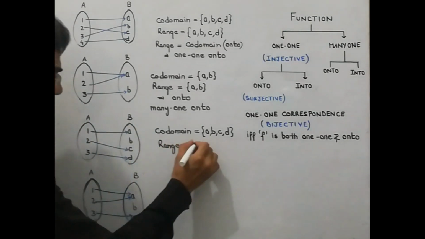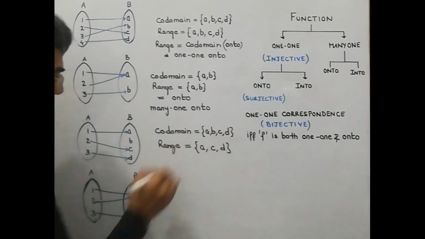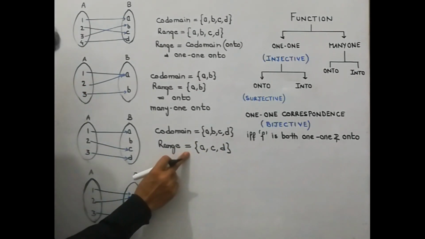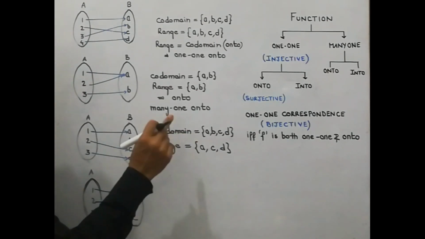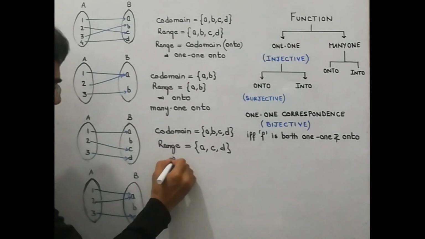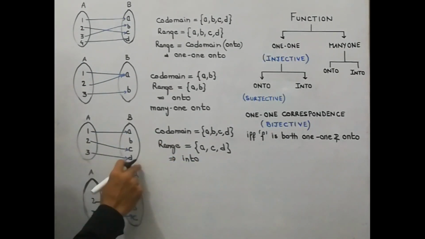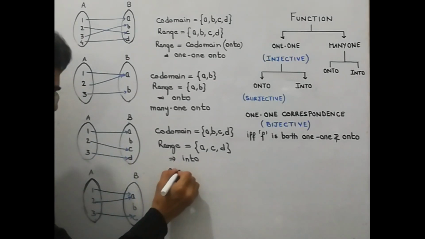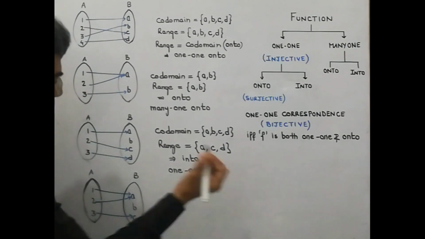So what will be the range here? A, C, D. So that means range is not equal to codomain. So that means this will be into function. So all over this was 1 1 into.